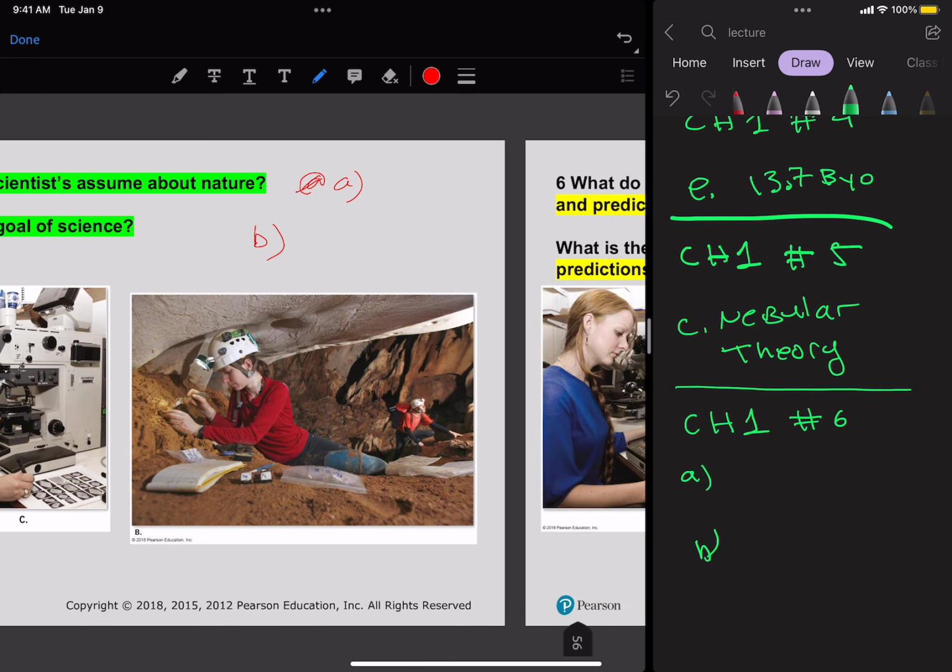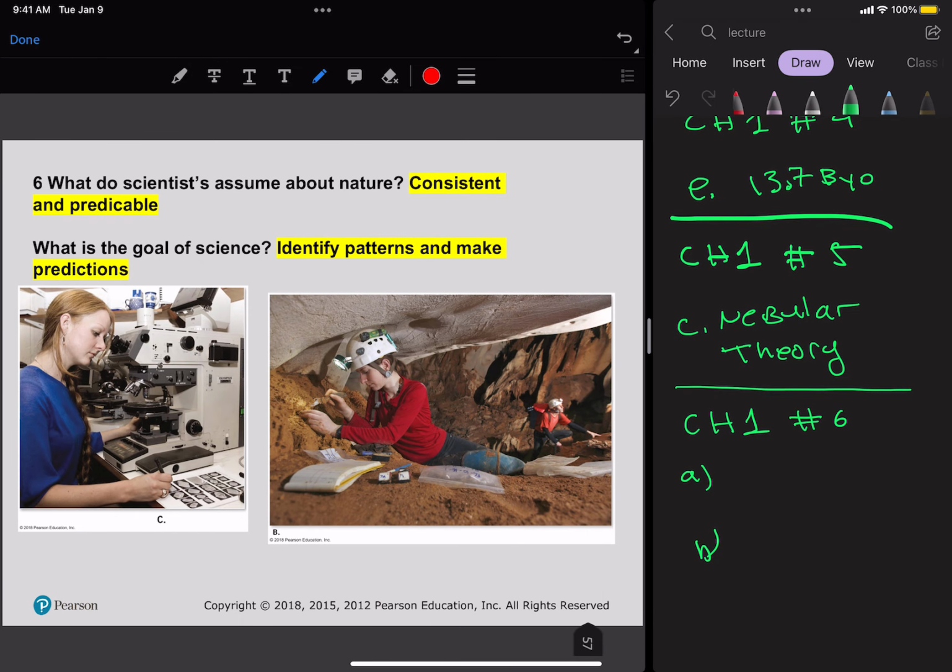All right, so let's check. First thing, scientists assume that nature is consistent and predictable. What that means is that if you do an experiment today and you repeat the same experiment under the same conditions 100 years later, you're still going to get the same results. So nature is consistent and predictable.